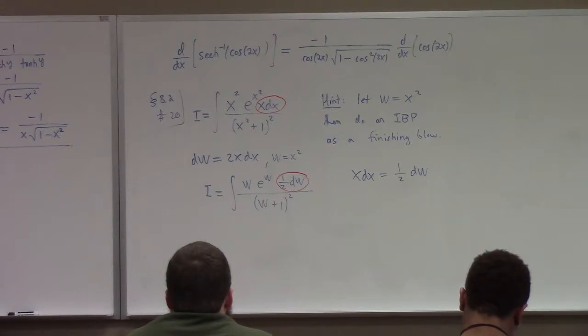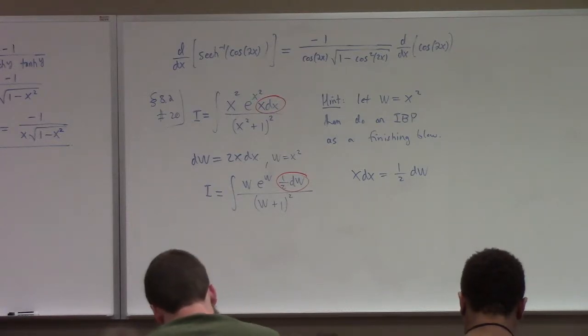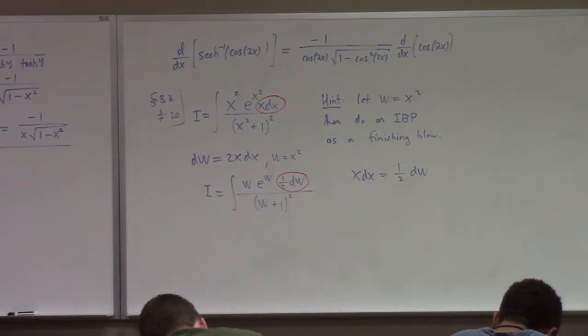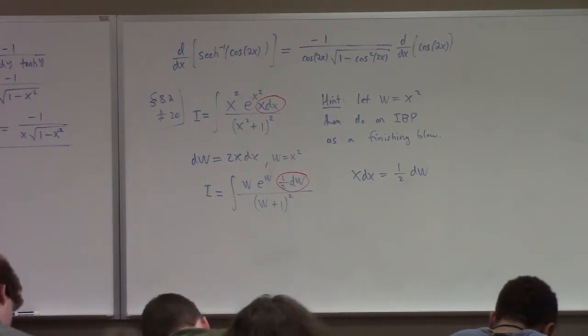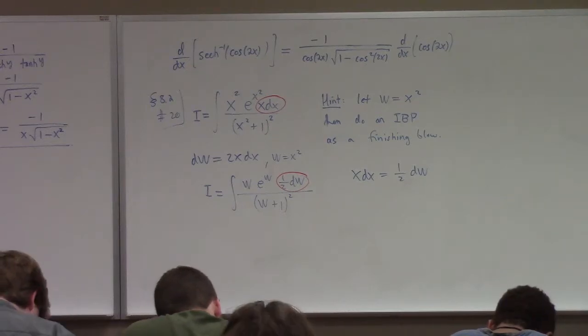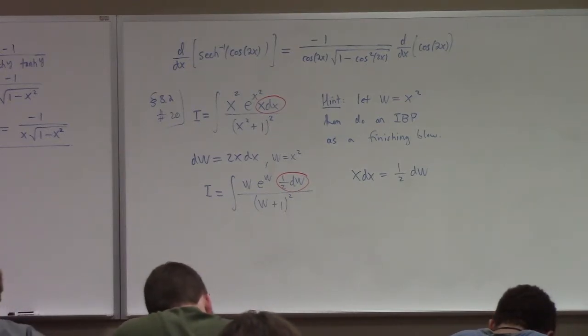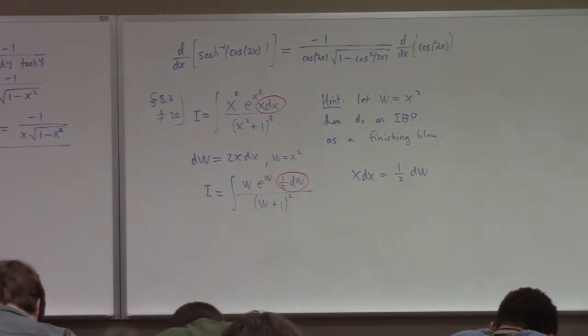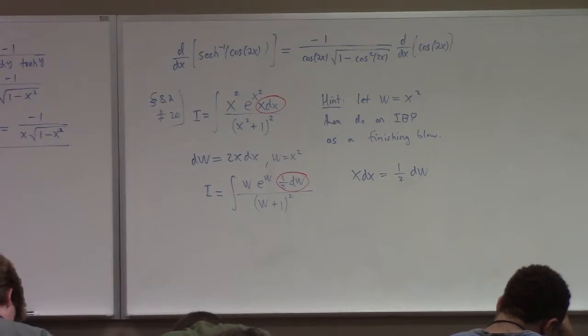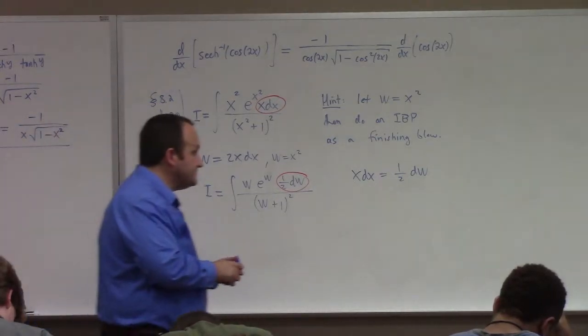Section 5.9, number 36. I can try. So you're supposed to find the equation of the tangent line to the graph of the function at a given point. Here we have y equals e to the sinh x, right?